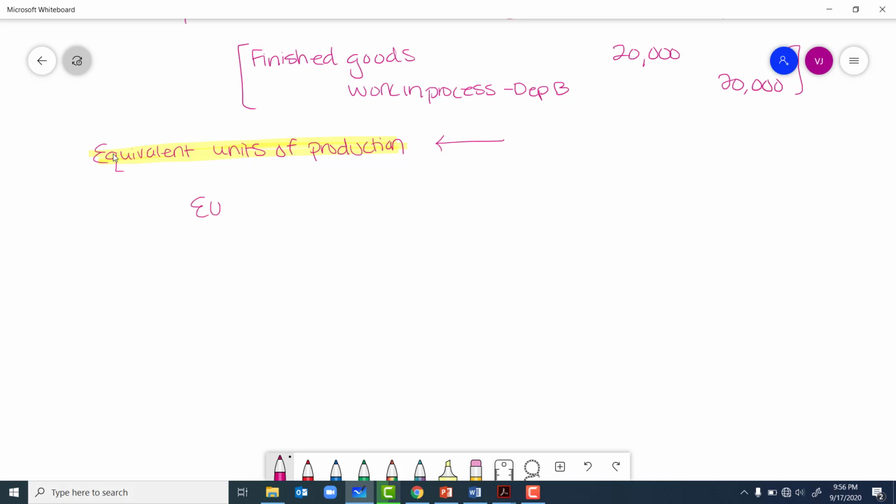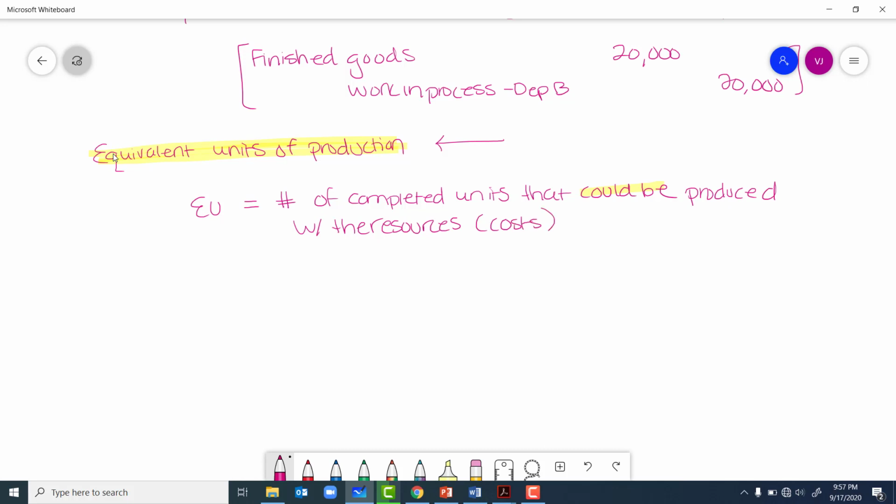So equivalent units of production, that refers to the number of completed units that could be, and the emphasis there is on could be, number of completed units that could be produced with the resources, really costs, with the resources that have already been applied to the incomplete units.